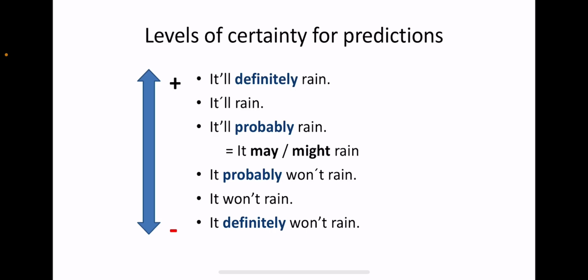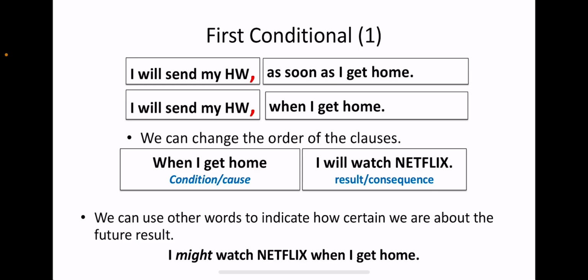And in the middle, we can use words like may or might, that indicate like a 50% chance of the future event to occur. So for example, I can say, I might, not I will, but I might, so I'm not really sure about this, I might watch Netflix when I get home.